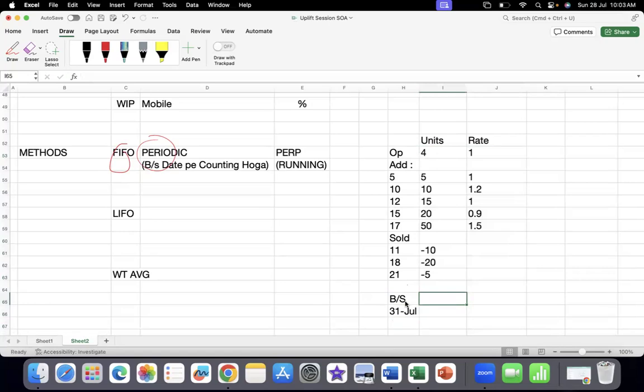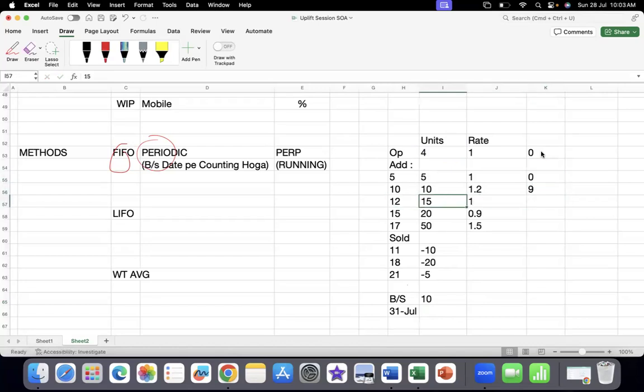Then at this point, you calculate your FIFO inventory balance. So you do it 4 plus 5, and then there is plus 1 from the 10 stock, this one. So this becomes 0, this becomes 0, and this becomes 9.